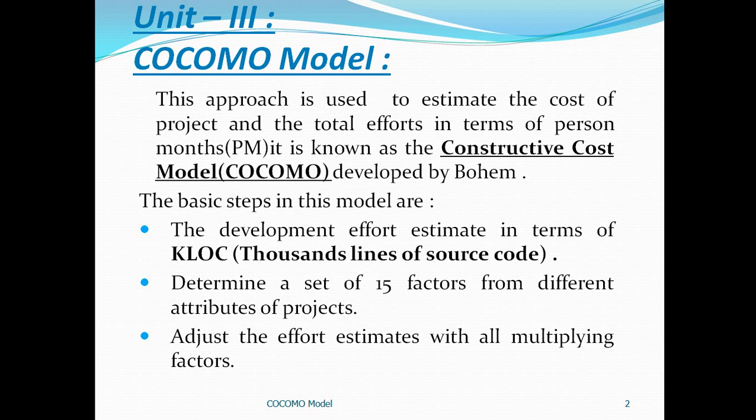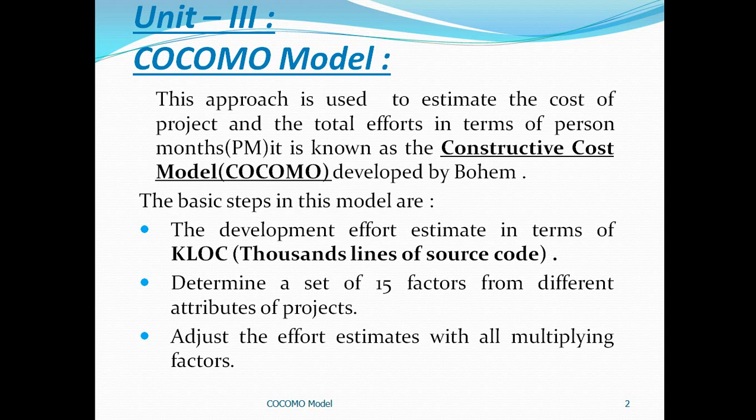It is a 2-mark question. KLOC means thousands of lines of source code. Sometimes it is called LOC. LOC means lines of source code. So KLOC is thousands of lines of source code, and LOC is lines of source code.